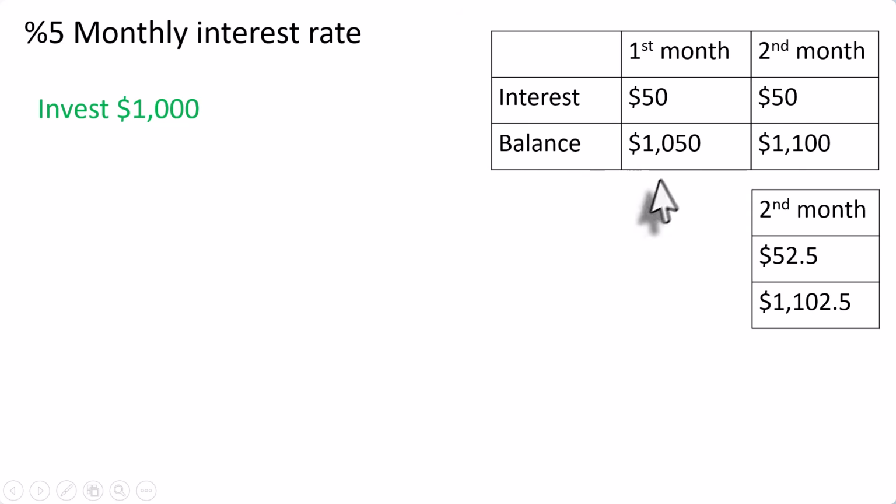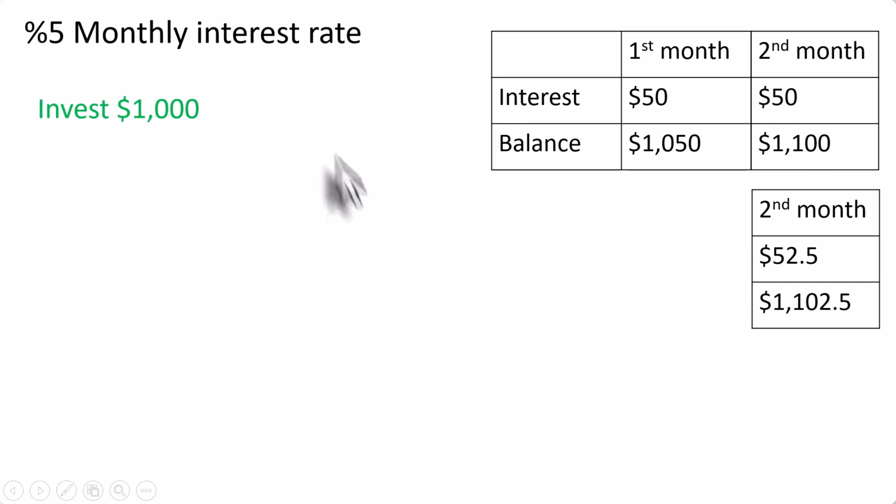So 5% of $1,050 is going to be $52.5. And when I add it to my previous balance of $1,050, I'm going to have $1,102.50. You can see how my balance is slightly different depending on whether the interest rate is only applied to my initial investment amount or it has a rolling effect and is being applied to my updated balance at the end of each month.